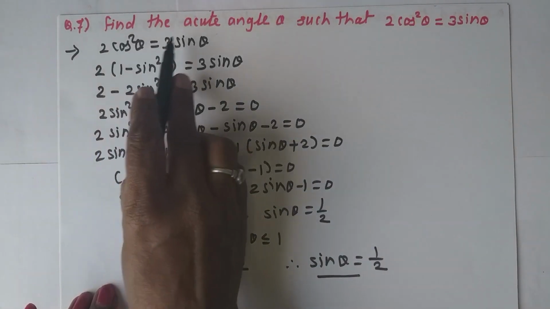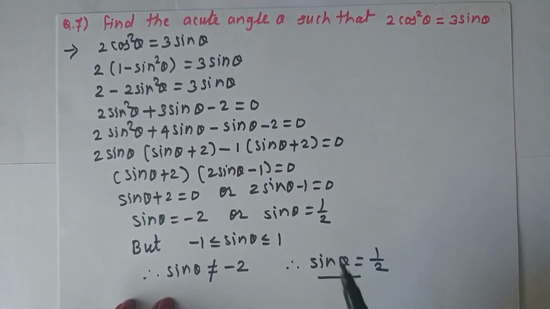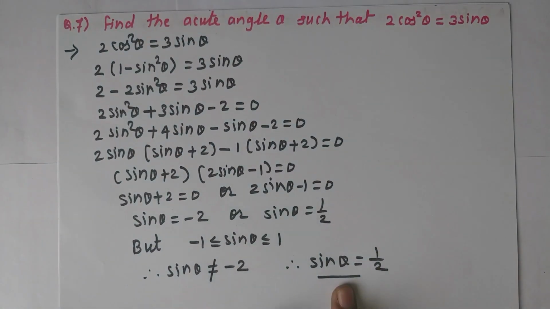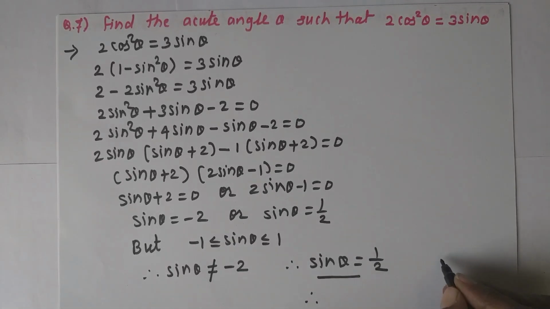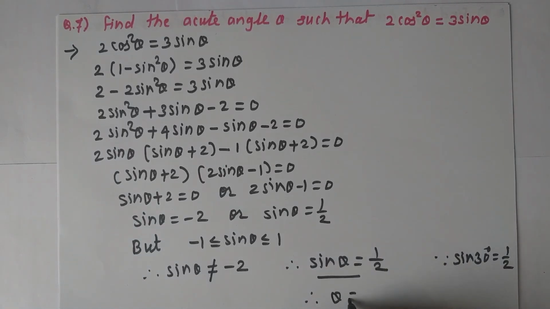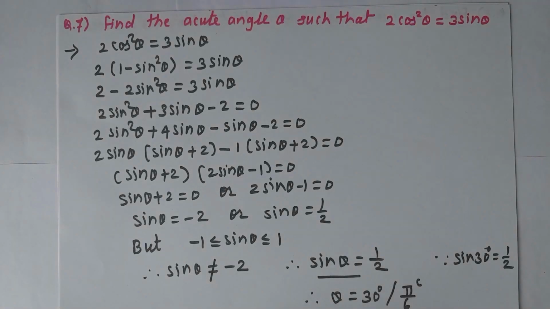Okay, but here we have to find acute angle theta, means we have to find the value of theta, and we get the value of sin theta half at the angle 30 degree. Therefore you write down, since sin 30 degree is half, therefore theta will be 30 degree, or in radians you write down pi by 6 radians. Theta will be either 30 degree or pi by 6 radians.